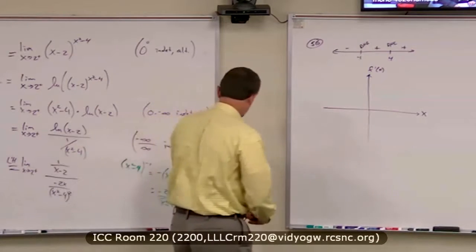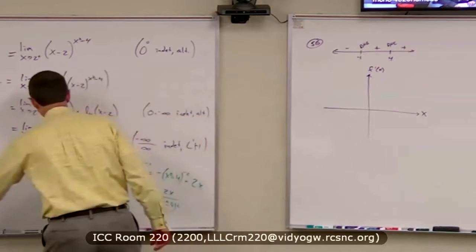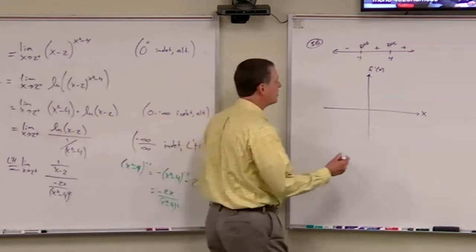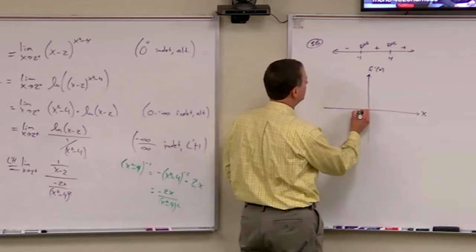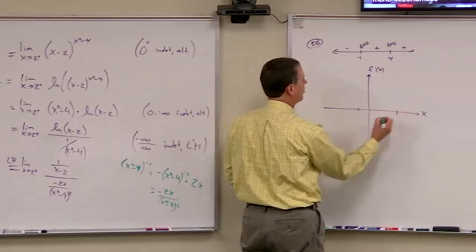Well, do you want to draw the little lines at -1 and 4? Sure, that's a good idea. So something happens at -1, something happens at 4.